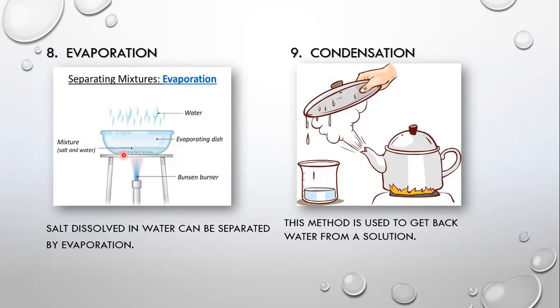Now we will think about whether there is any method to get back the water from the salt solution. After forming the salt solution, we can get back the salt by evaporation. Is there any method to get back the water? That can be done by condensation. For condensation, we will take the salty water in a kettle.